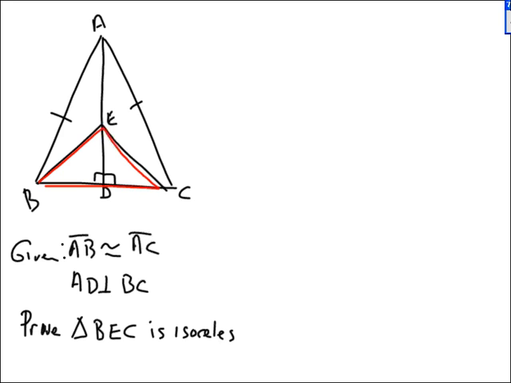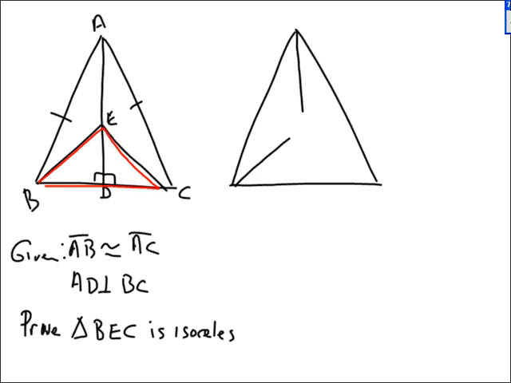Okay. So now we'll try the detour method. What we can say, and let me redraw this. Since we know that those two are equal, and we know that this is a right angle, so we have a right triangle, we can do hypotenuse leg.